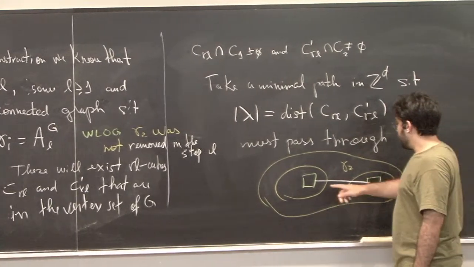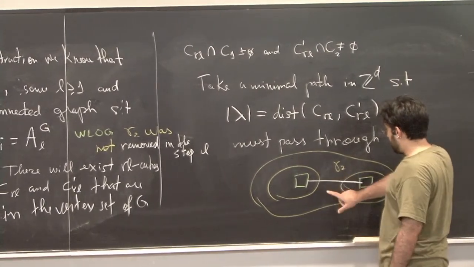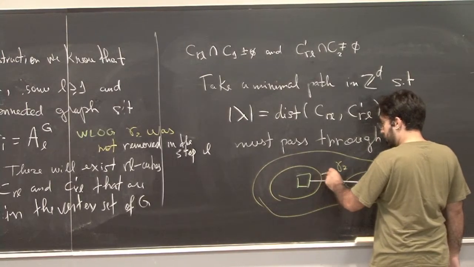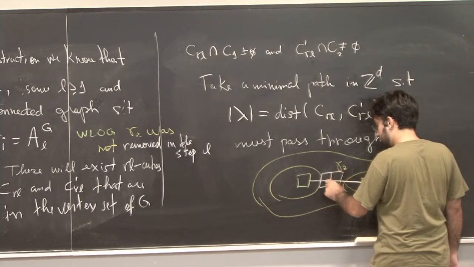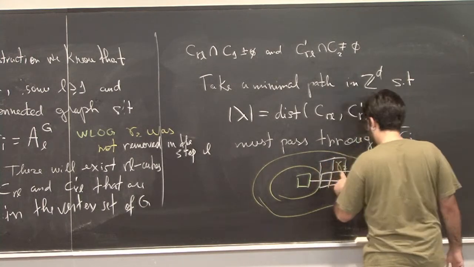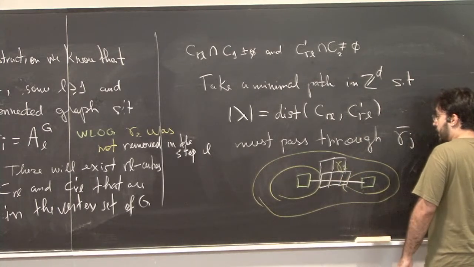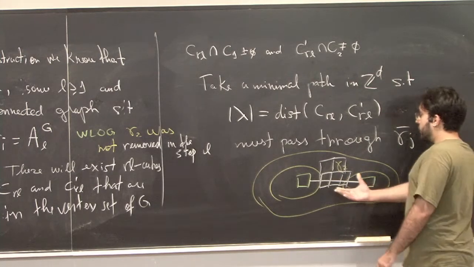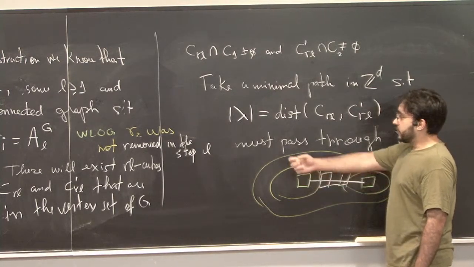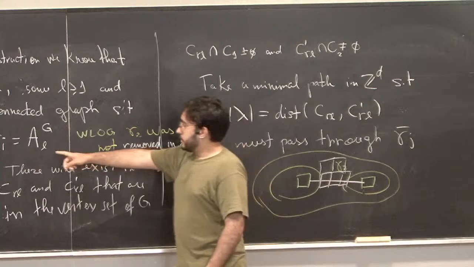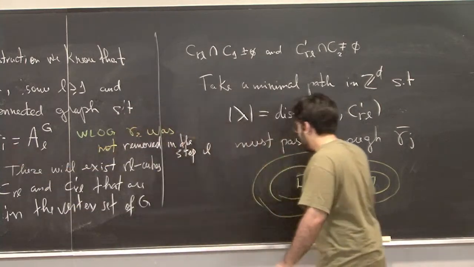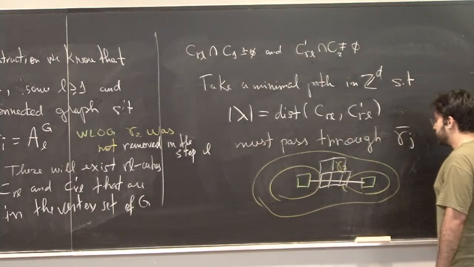So since this component was not removed in this step, there was a cover here of this set, and this was from a different connected component that generated gamma I.